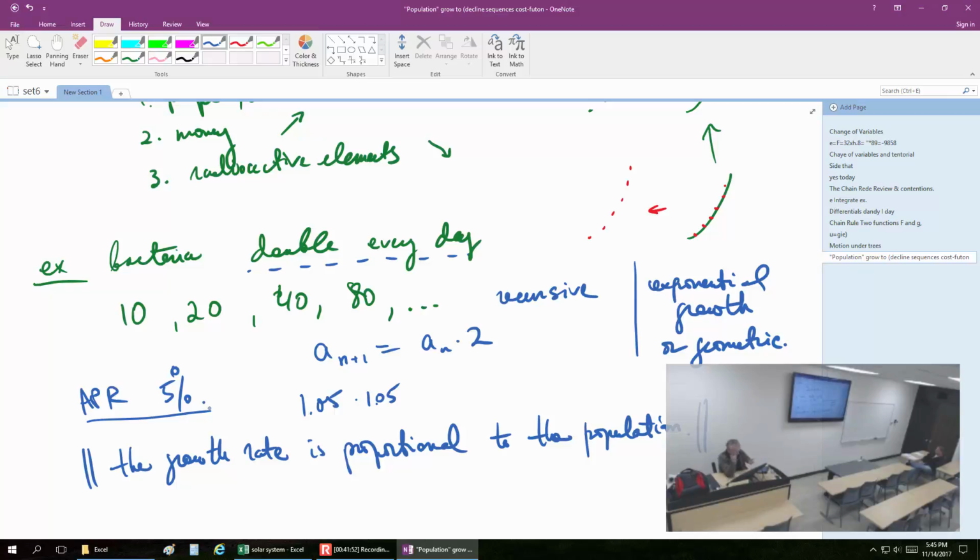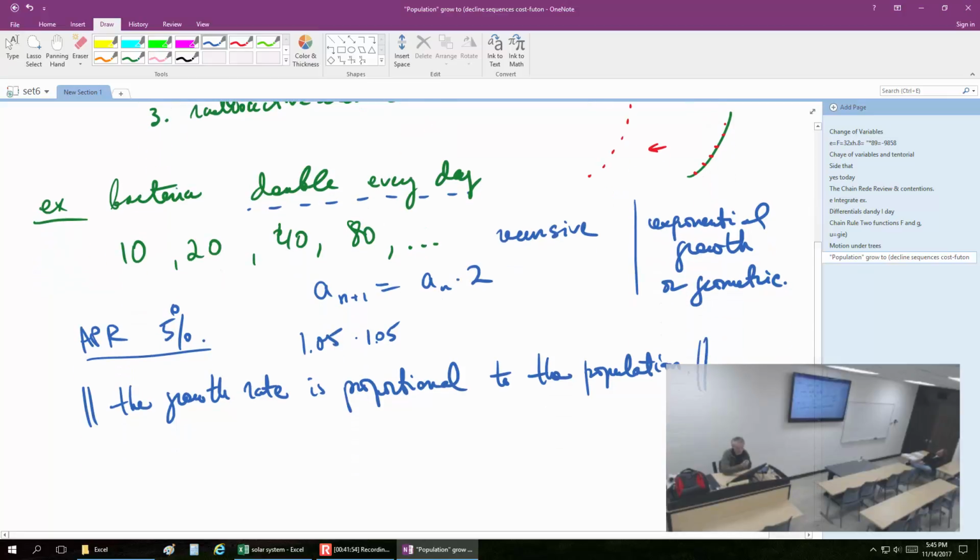Okay, so then what we end up doing, just like yesterday, is write our differential equation based on this. Suppose the function that we're talking about is some function y equals y of x, and we say the growth rate of this quantity as a function of x, x being time.